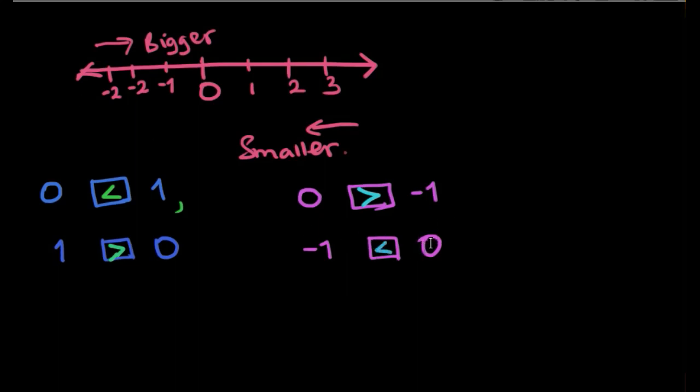In this case, 0 is big, negative 1 is small.